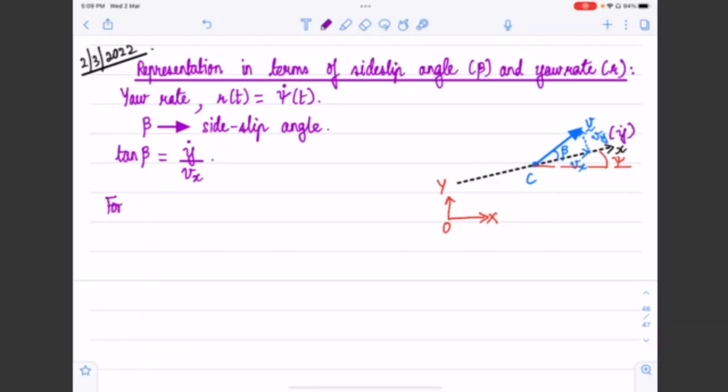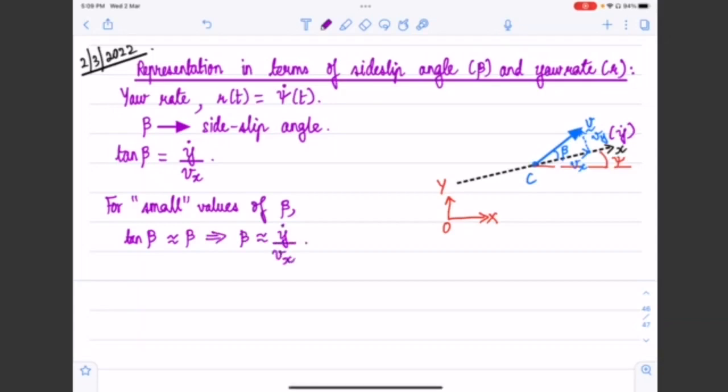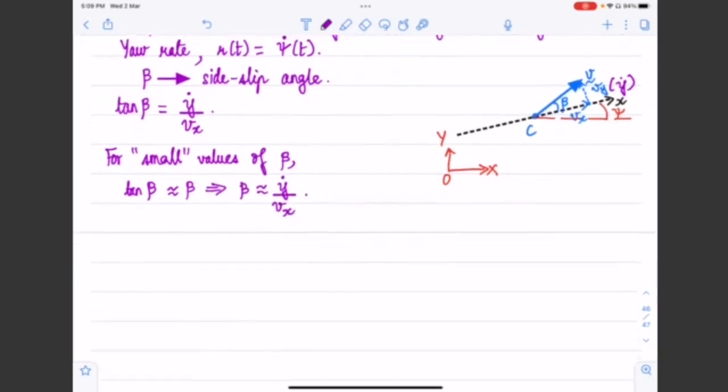Once again, we use a small angle approximation, considering small values of beta, the small side slip angle. We can say that tan beta could be approximated as beta, implying beta is approximately equal to y dot divided by Vx. This is an important relationship.